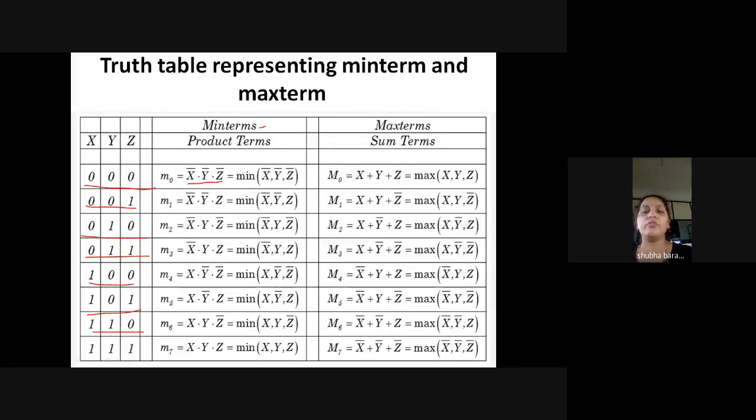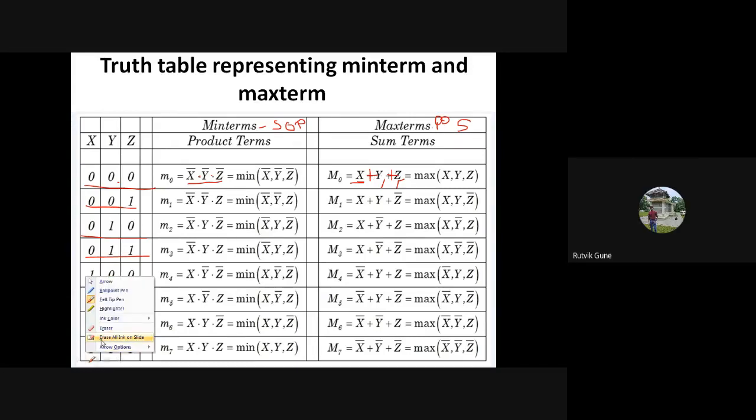Whereas when we talk about max terms, we write 0 in the uncomplemented form, x, y, z. Since this is sum of products, the SOP form, this is the product, with a dot in between. Whereas max term is product of sums, so I have a plus sign in between. This point is clear?